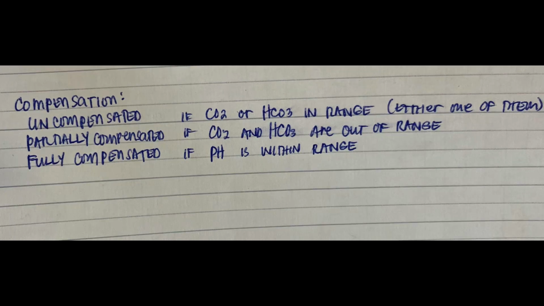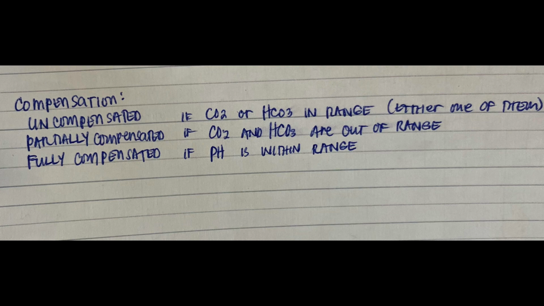Now another technique that we should know is how to determine if it's compensated or uncompensated, and if it's compensated, whether it's partially or fully compensated. For uncompensated, you need to look at carbon dioxide and HCO3. If either one of them is in range, it's going to be uncompensated.